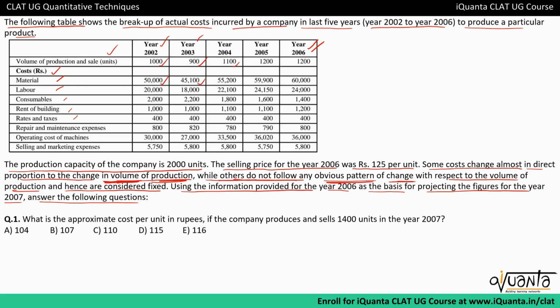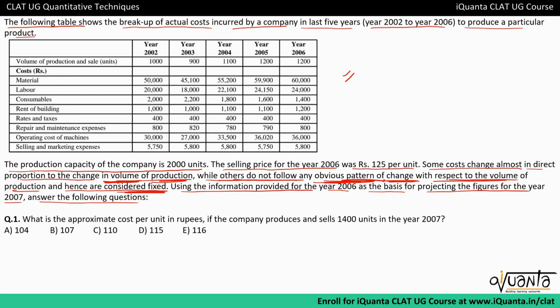Those costs have no particular pattern; if the number of units is increasing, sometimes the cost might decrease or increase. So those costs will be taken as fixed cost. So the first task here is to identify which of the given costs are fixed and which are not. So we'll go through the whole table.